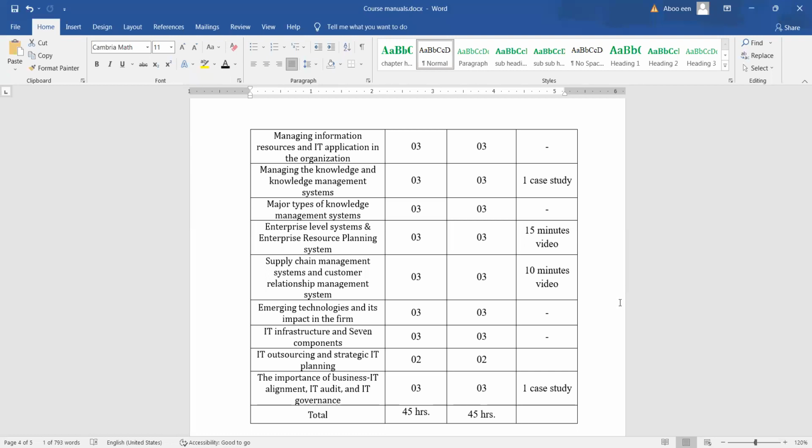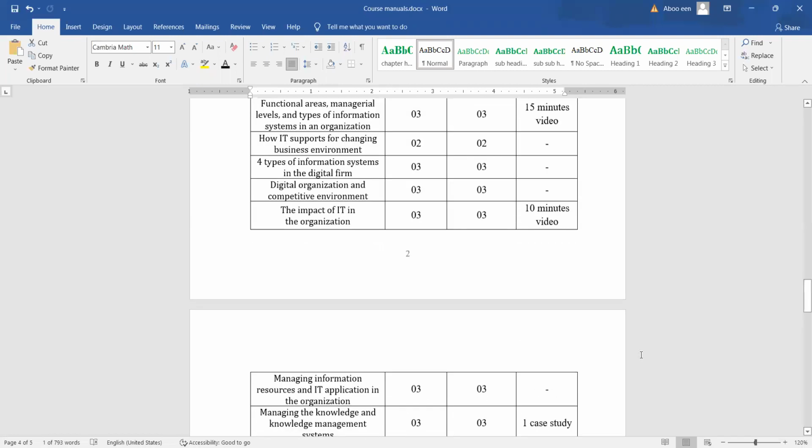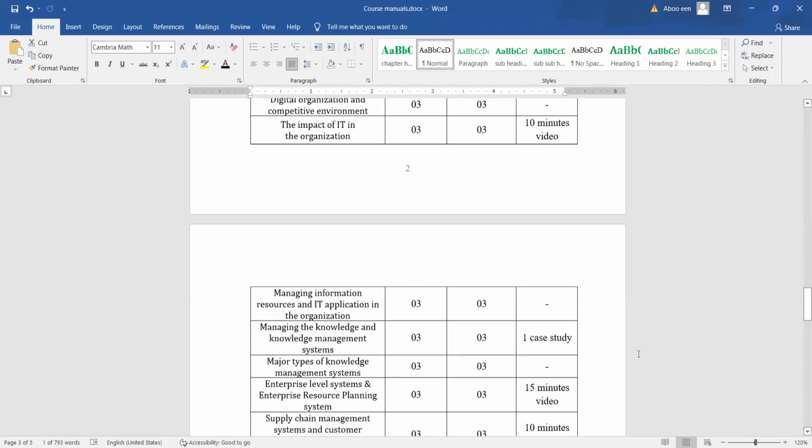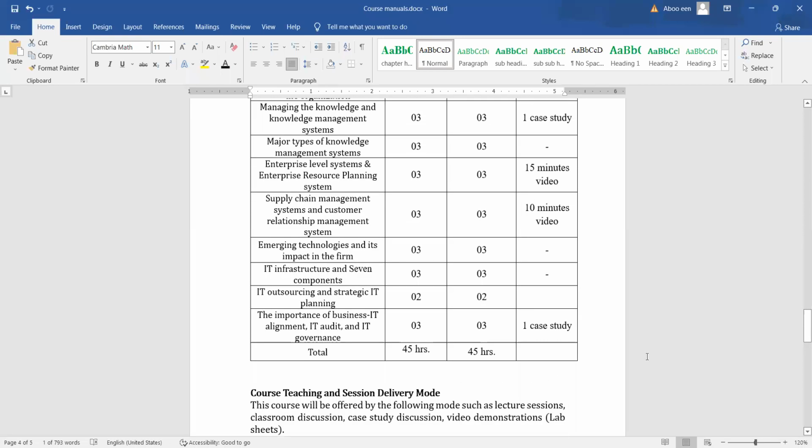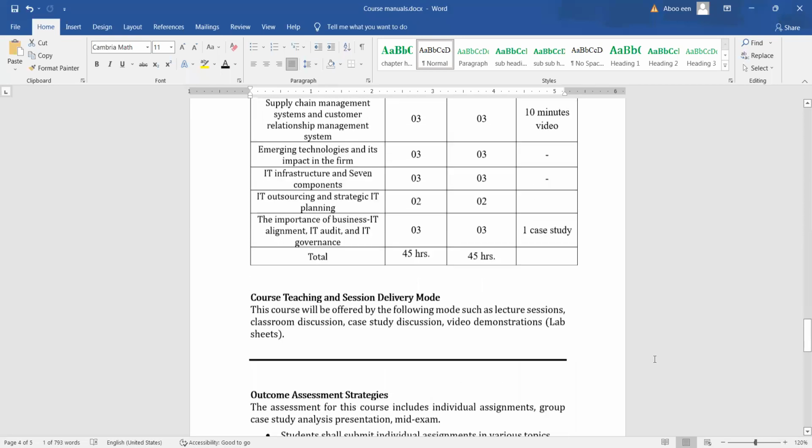And for knowledge management and the knowledge management system, we will discuss one case study. So altogether we are going to discuss 2 case studies, and in this module we will have a case study discussion also.